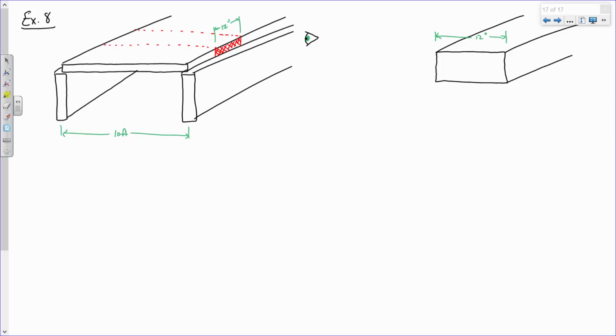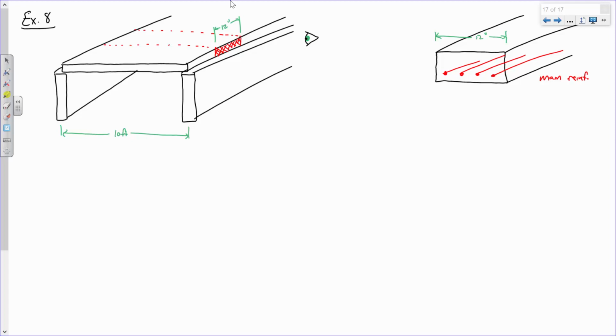All right. Now what we're ultimately going to do is design two types of reinforcement patterns. The first reinforcement pattern we're going to design is the reinforcement that goes this way. That's the main reinforcement.